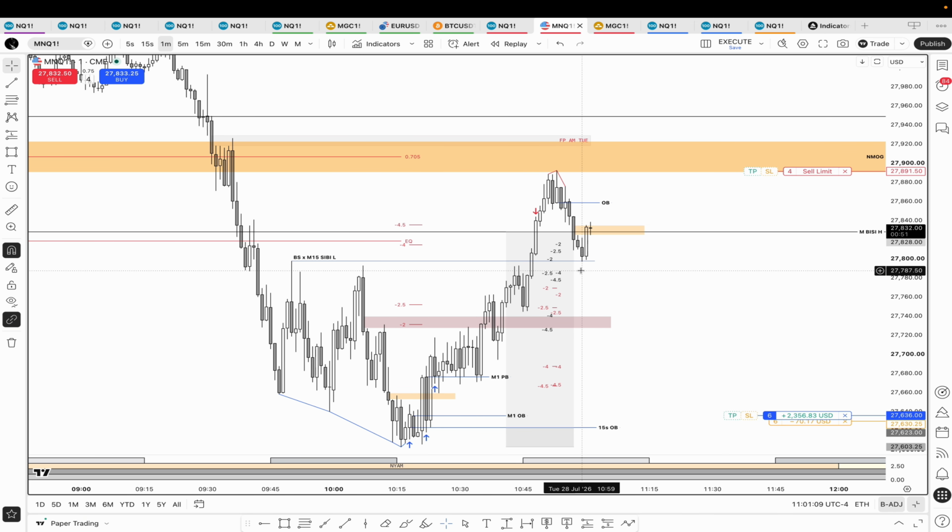We've had that sell side deliverance from this point of inception right here, engaging with the body standard deviation -2, -2.5, which was ultimately the M15 SIBI low.